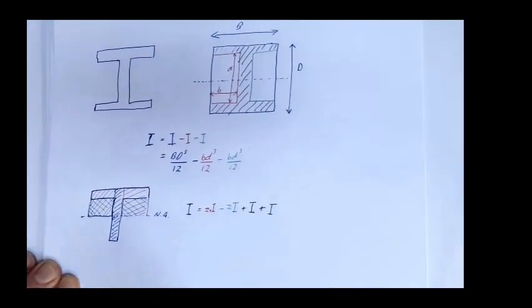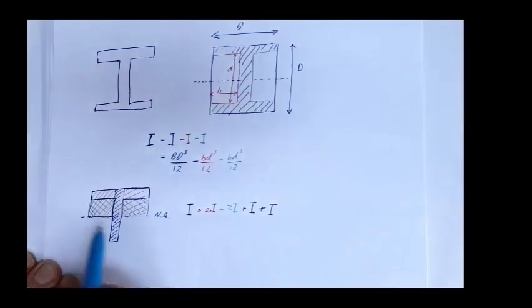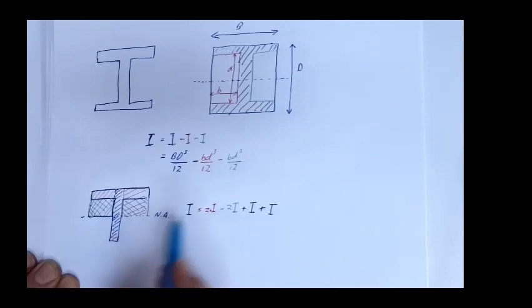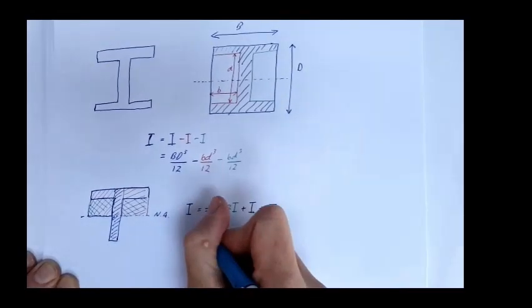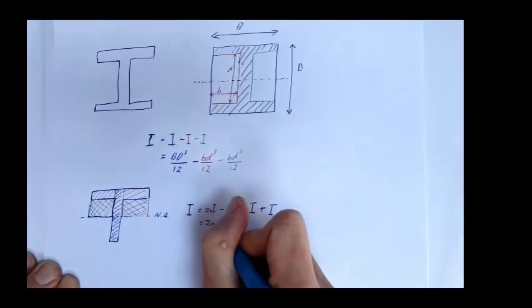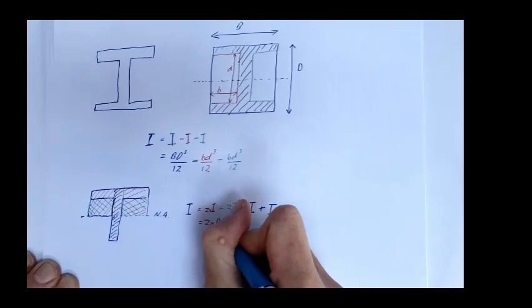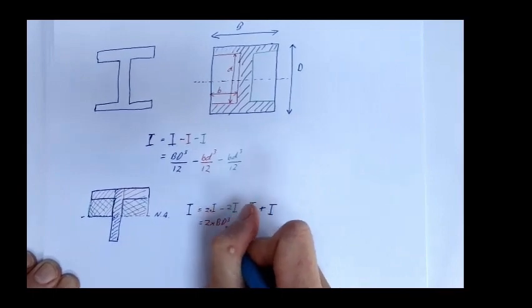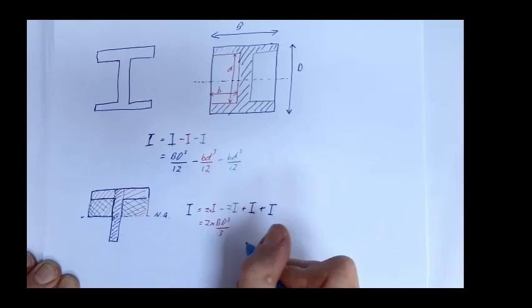Remember how we would calculate a rectangle around its edge is BD cubed over 3. So first of all, we consider the red rectangle there. We've got two of those. That's 2 times BD cubed over 3.